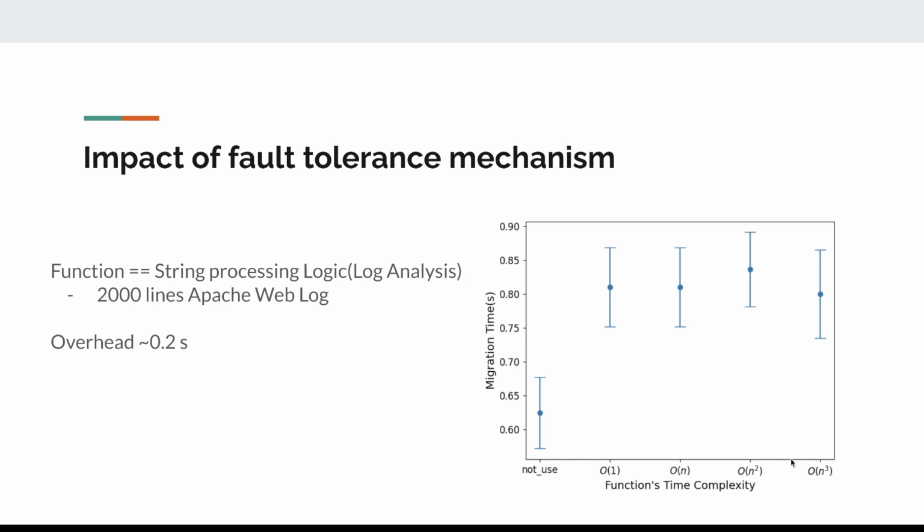Another thing that we experiment with is the impact of the fault tolerance mechanism. We decided to benchmark it with different functions with different string processing logic, to analyze the log and produce the answer with a 2000 line applicable block.